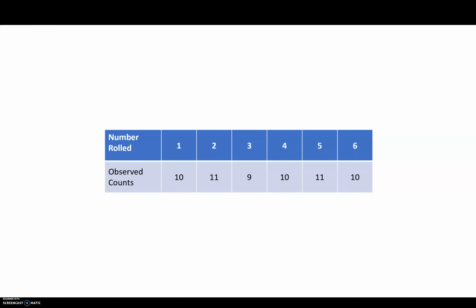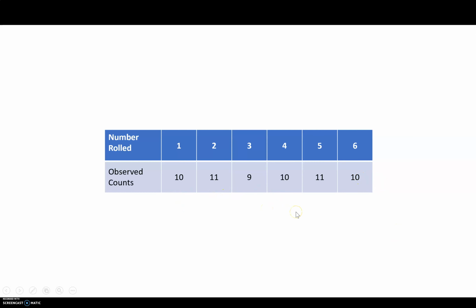If it's loaded, then one or more numbers are going to be more likely, and if it's a fair die, then all of them will be equally likely. Let's say you roll it 60 times, and these are the observed counts for 1s, 2s, 3s, 4s, 5s, and 6s: 10, 11, 9, 10, 11, 10.